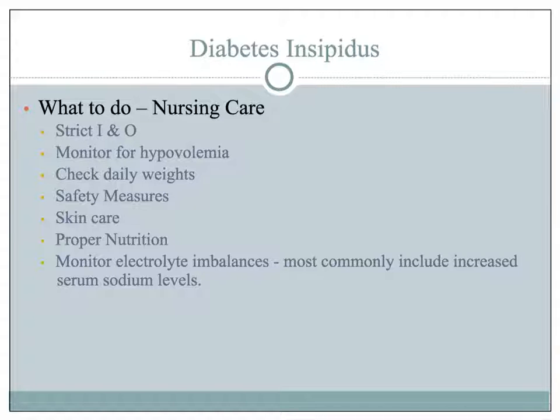You really have to make sure you understand fluid balance in this situation so that you can help educate a patient. Recurrence of polyuria as reflected on the I&O may indicate that their dose is too low, so they need to report that. So think about that as a nurse, what you need to tell them to report.